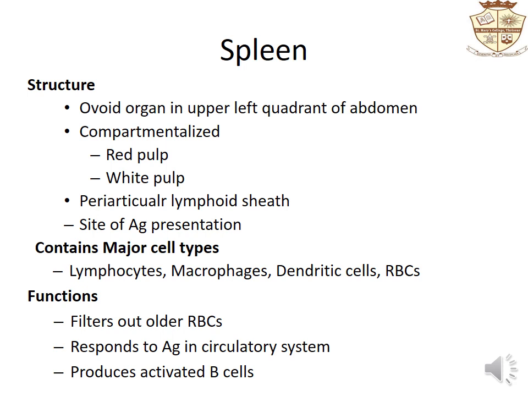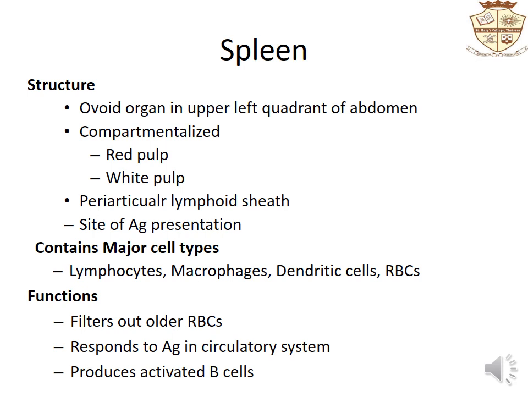The projections are known as trabeculae, and the trabeculae give the spleen a compartmentalized structure. There are two types of compartments, the red pulp and the white pulp. A diffuse marginal zone lies between the red pulp and the white pulp.